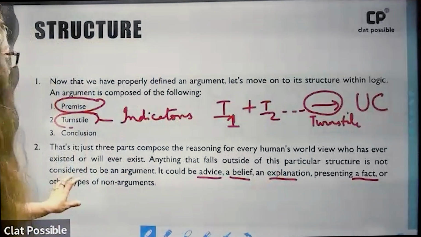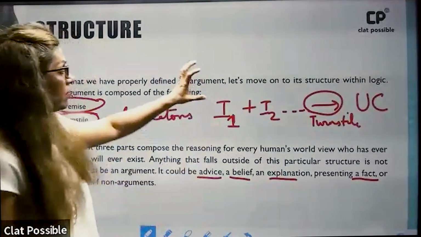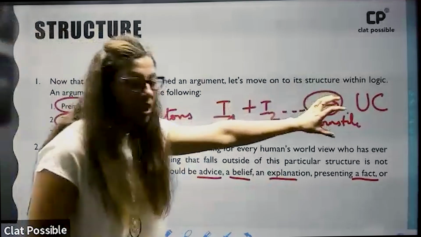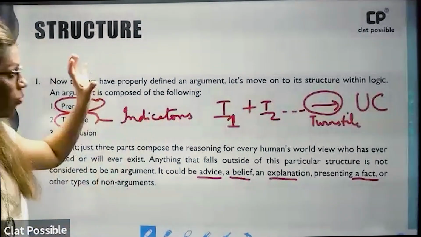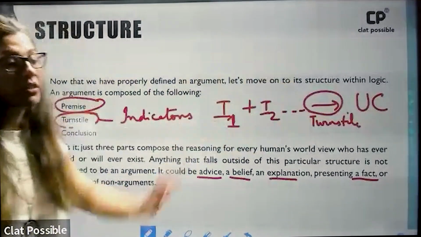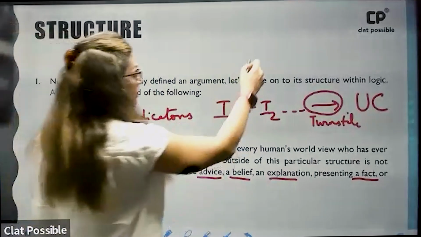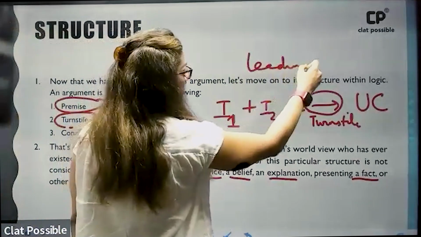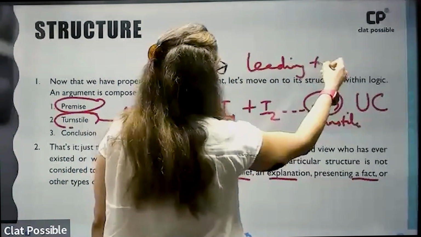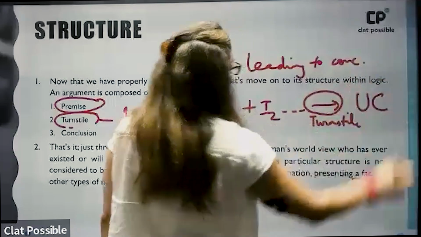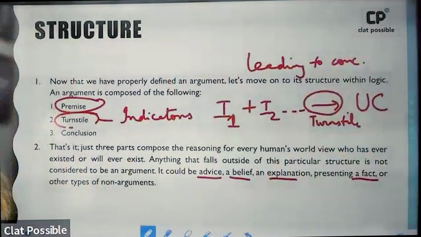So we all know that the argument has to be something of this nature, where one or two things lead to the final thing. So this leading to conclusion is the important bit that you all know.